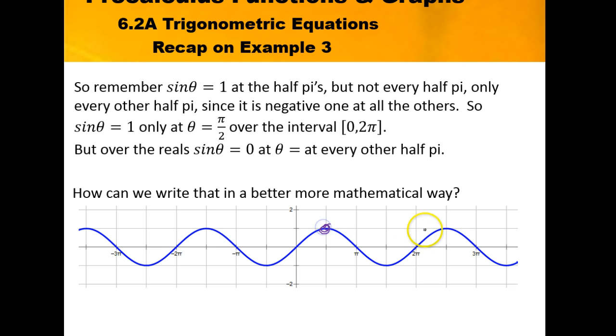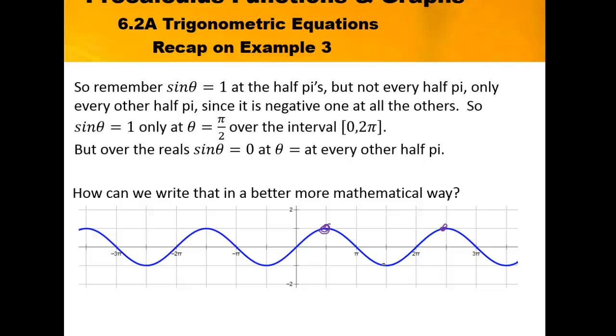So here and here, but we're skipping this half pi right here. Okay, so saying it as a half pi is really super inefficient, because we're really not clear where we should start and all of that. So we're going to come up with a better way of writing it.